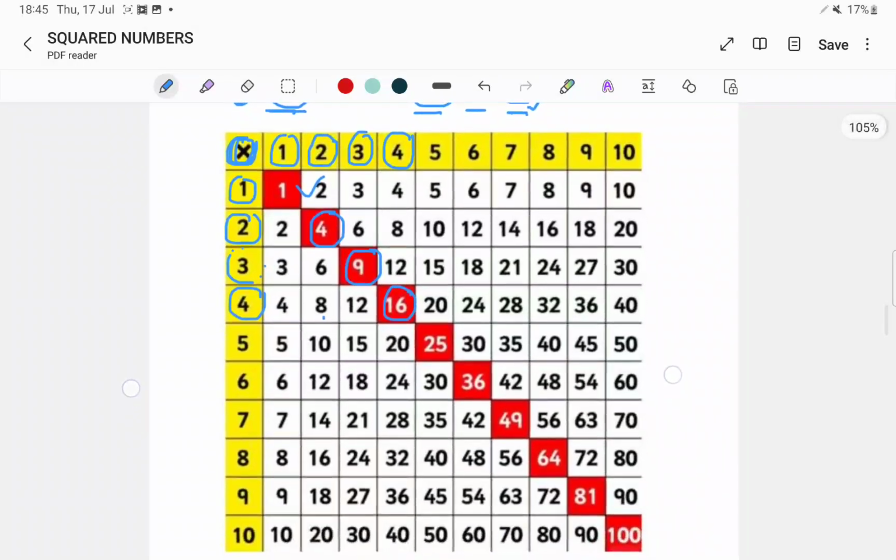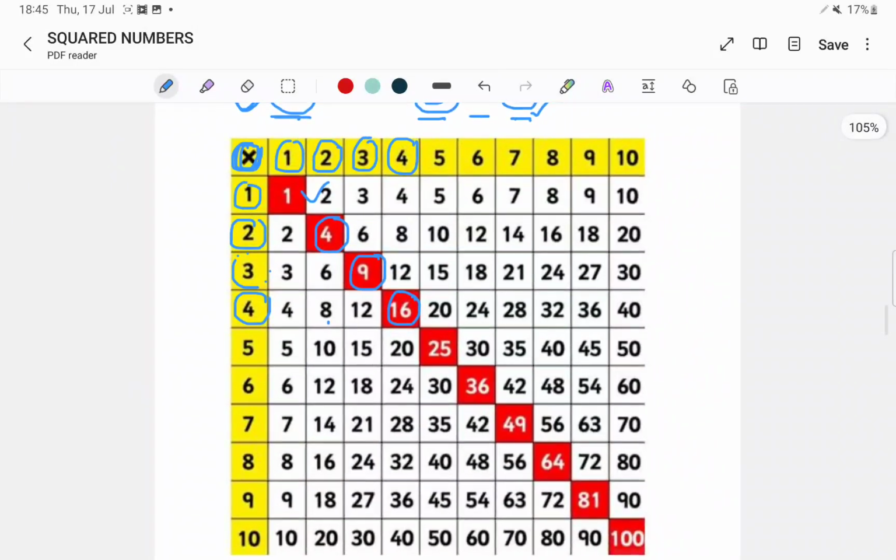So here all the squared numbers from 1 to 100 are given. 1 squared is 1, 2 squared is 4, then 9 is a squared number, 16 is a squared number. So 25 is a squared number, 36 is a squared number, 49, 64, 81 and 100.